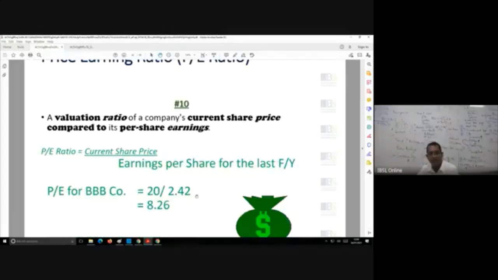Like earning is this much, you have 20%, that is 8 times higher. Your capital gain is 8 times higher. You have a much better price in the market. Right? So these are the ratios normally we use.